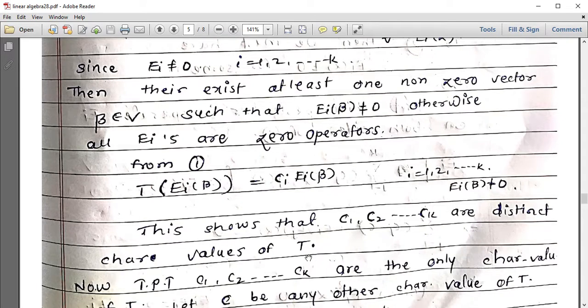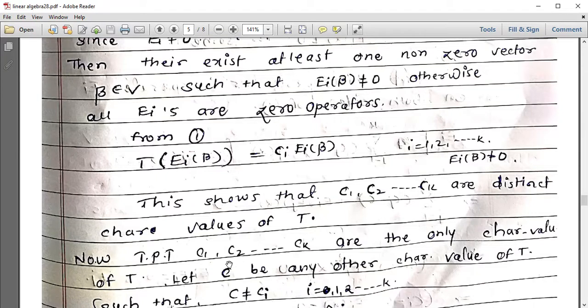Now, to prove that C1, C2, up to Ck are the only characteristic values of T, that is the uniqueness of Ci: apart from these, there does not exist any other characteristic value.